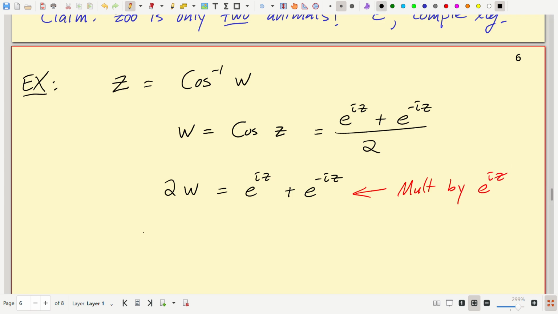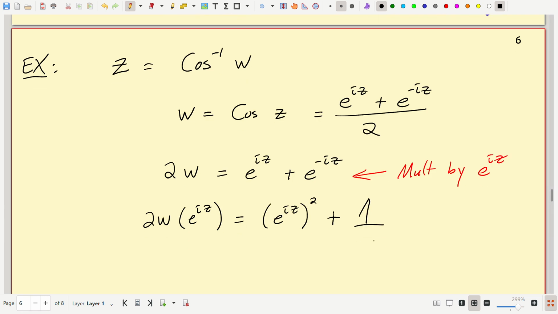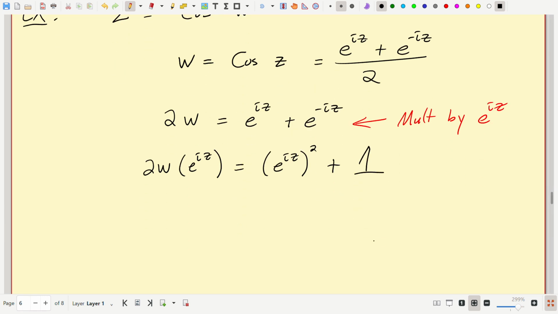When I do that, I get 2w times e to the iz equals e to the iz squared plus 1. And I realize this is a quadratic equation in e to the iz.